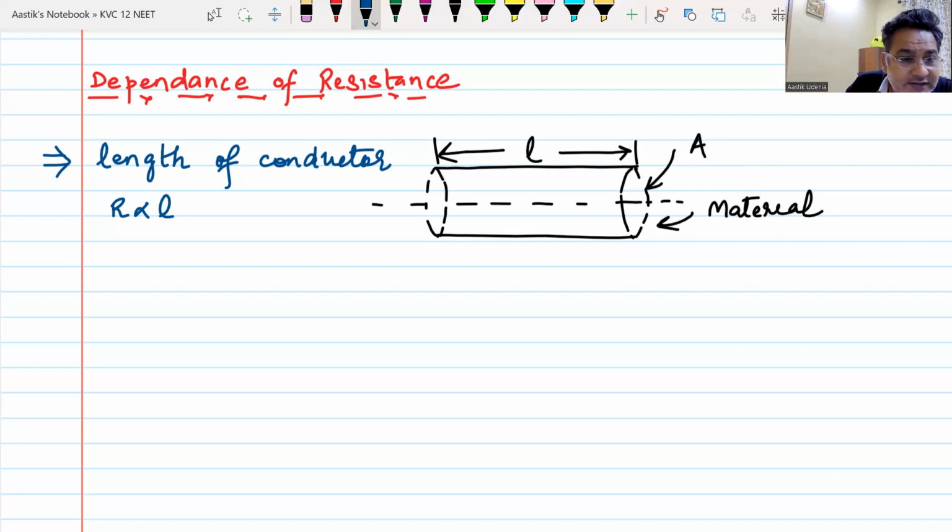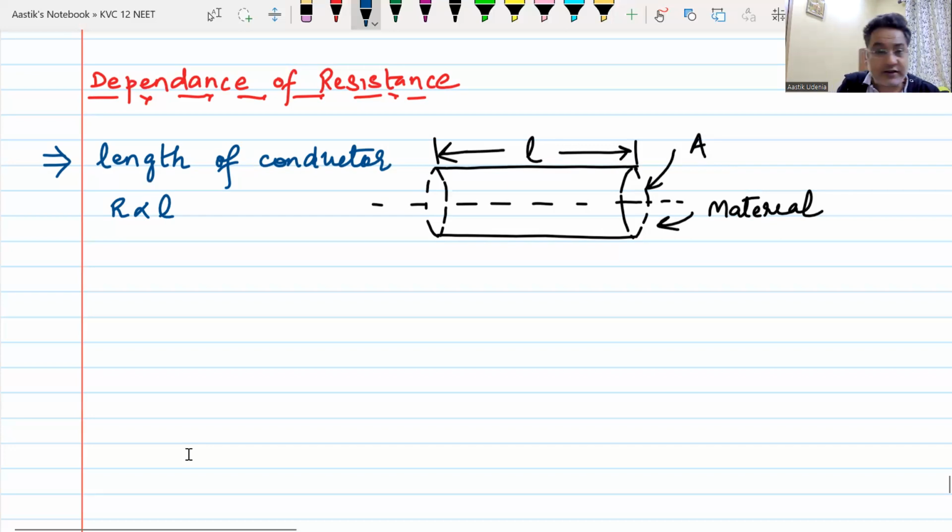Do we understand this? Similarly, a short conductor will have less resistance. So that is the first point. The resistance of a conductor is directly proportional to its length.